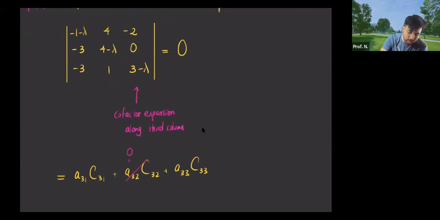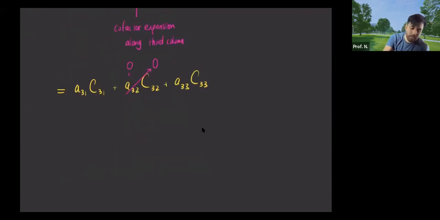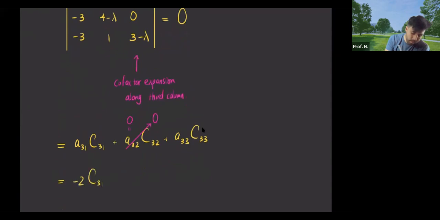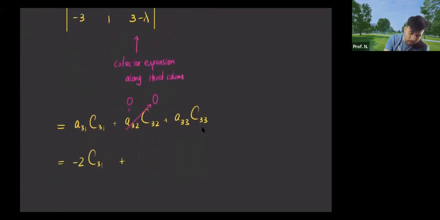So if this is 0, this entire thing here can just be disregarded. It vanishes. So A31 is -2, C31, plus A33 is 3 minus lambda, C33.